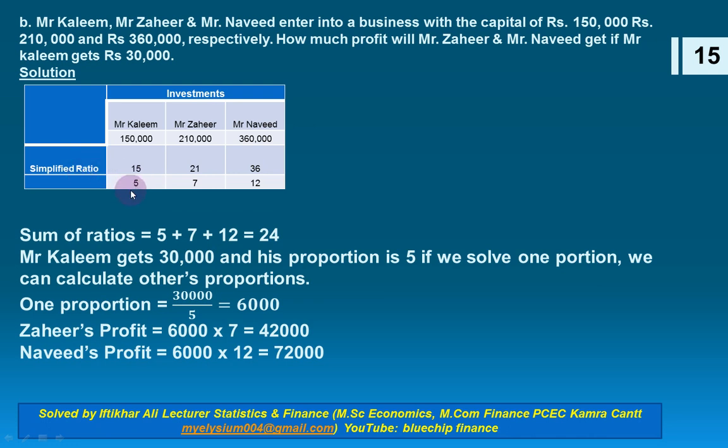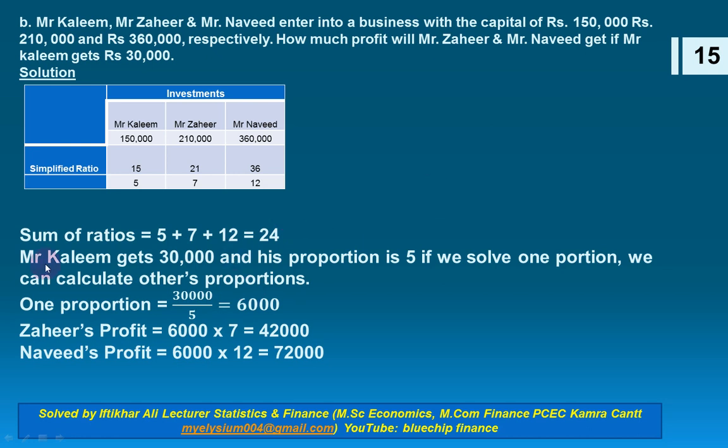So after reducing the ratio, we just add up these three ratios and the sum is 24. So it means that there are 24 equal parts. Now what is next?